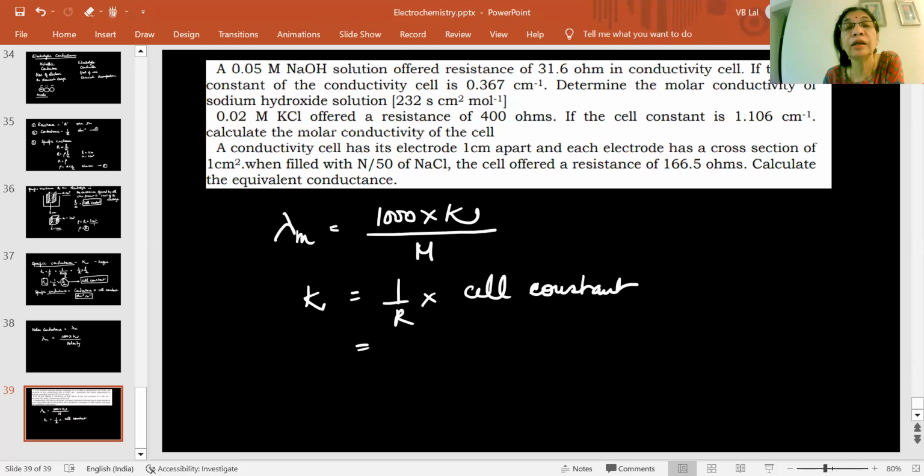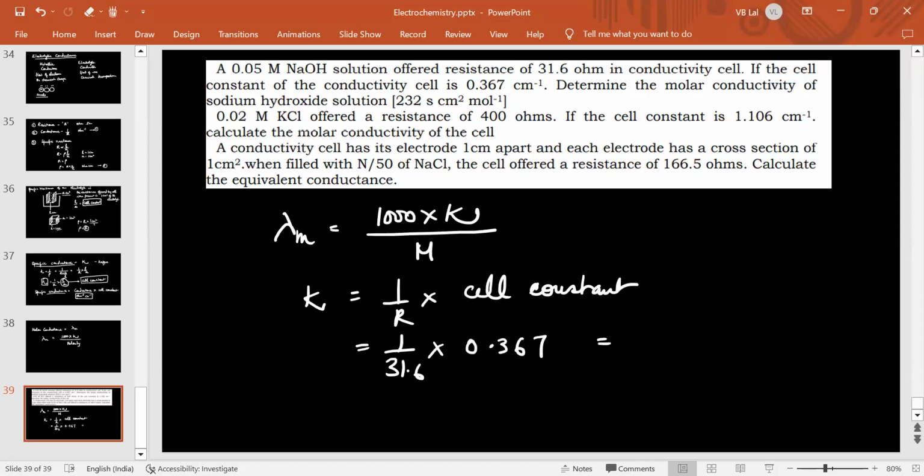Right? 1 by R. R is given to you, 31.6. So 1 by 31.6 into cell constant, which is also given to you, 0.367. Quickly find out. Tell me the answer. What do you get?